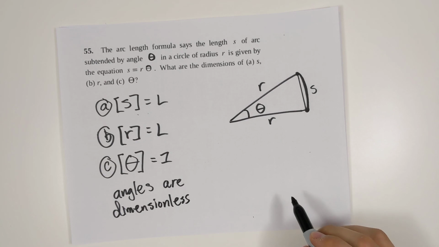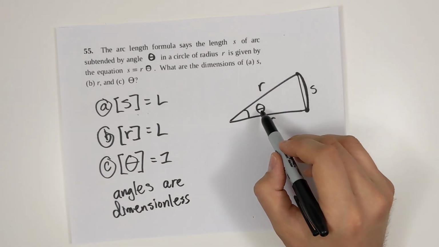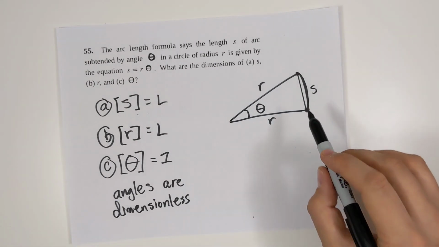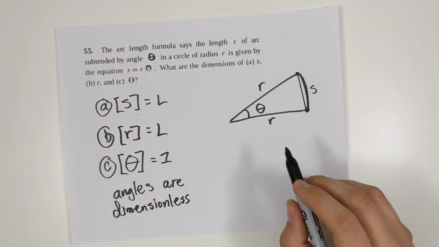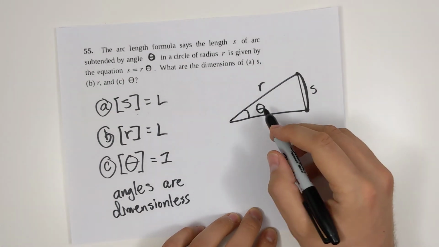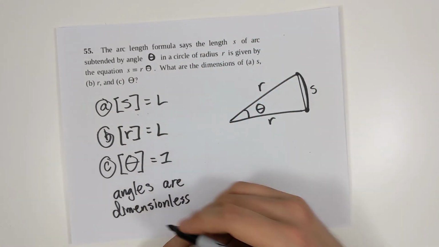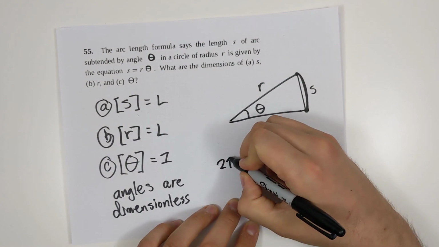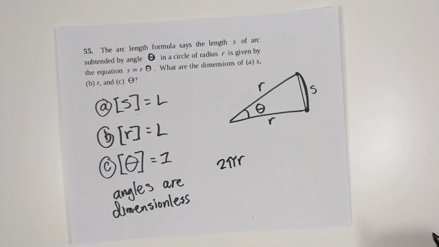Think about it this way. The angle is just telling you what portion of the circle we're looking at. It's not actually a quantity, it's a ratio. So if you say the circumference of an entire circle, what is that? That's 2 pi r, right? 2 pi r.